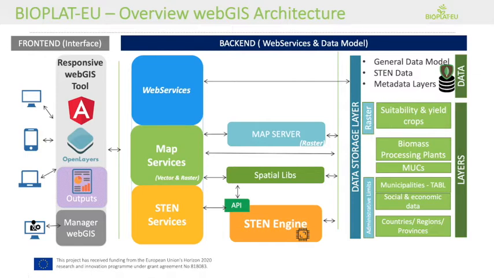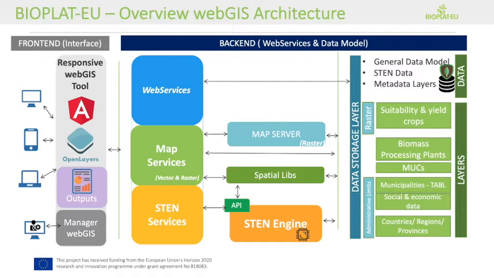The backend is made up of three main blocks: the set of web services destined to management services, map services, and interaction with STEM data. The modules in charge of the logic are the map server, spatial library, and STEM engine, which allow access to the spatial data and raster images, and calculate the STEM indicators.